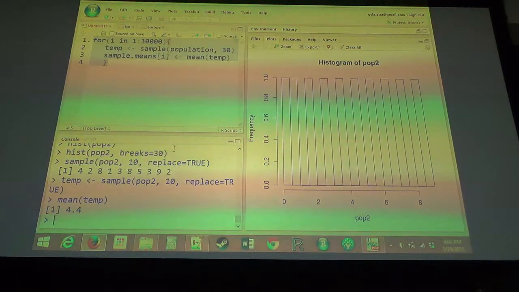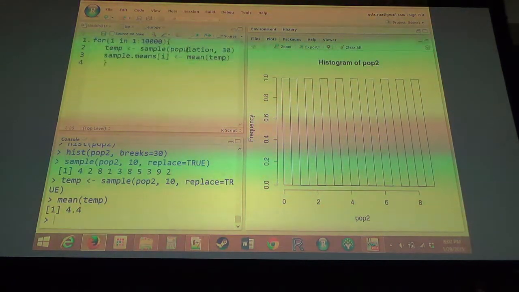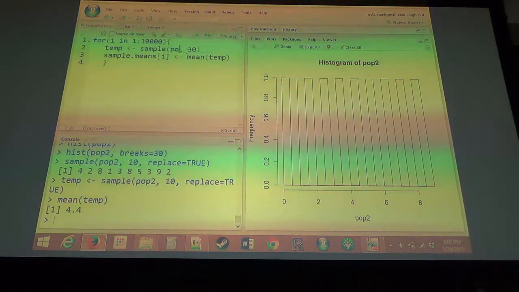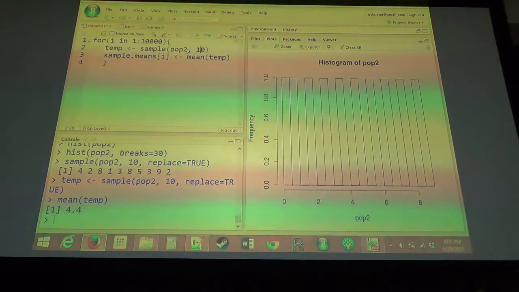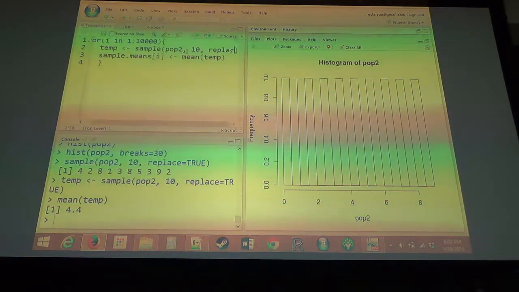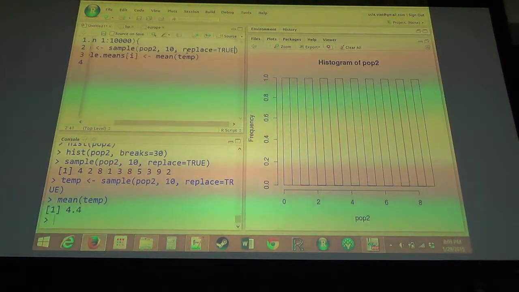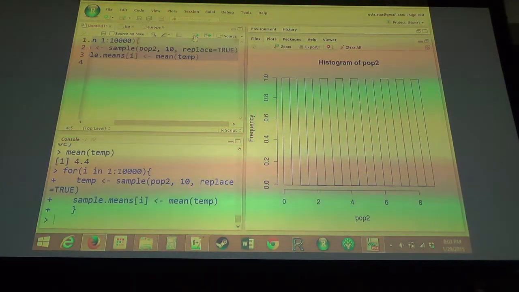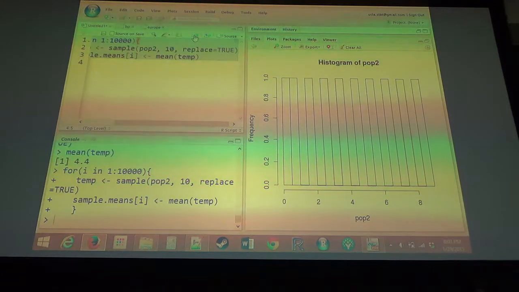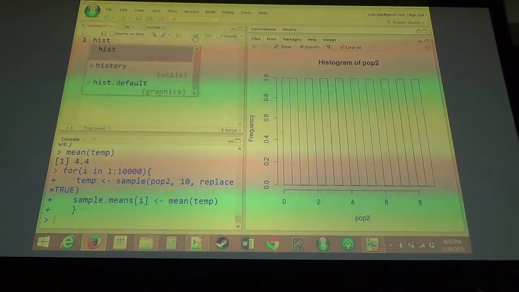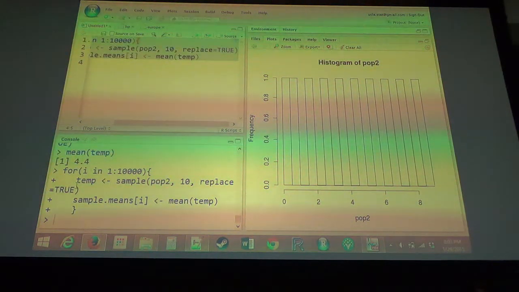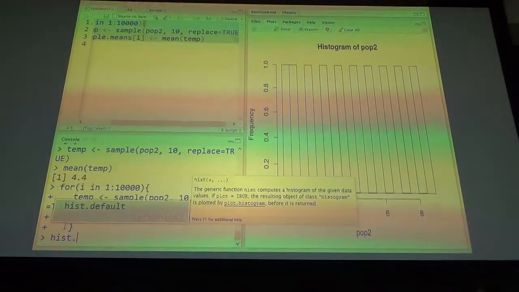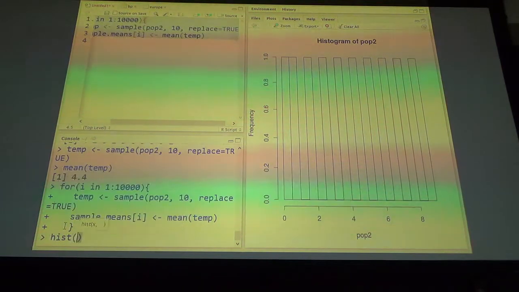Here I'm going to do the same thing, but instead of population, I'm going to use population 2. Take samples of size 10, and I have to say replace equals true. We're going to run this. Histogram of sample means.